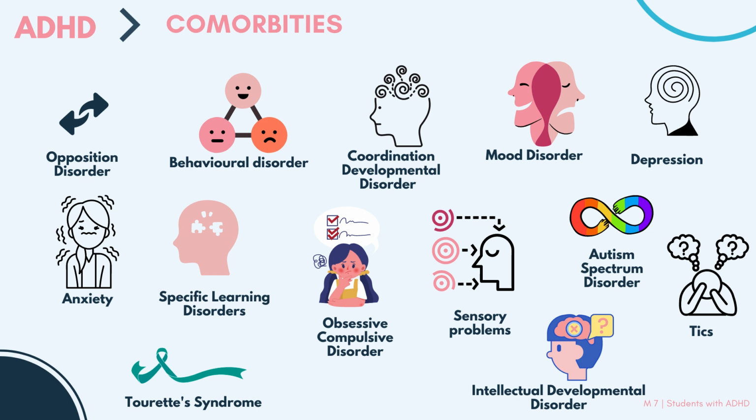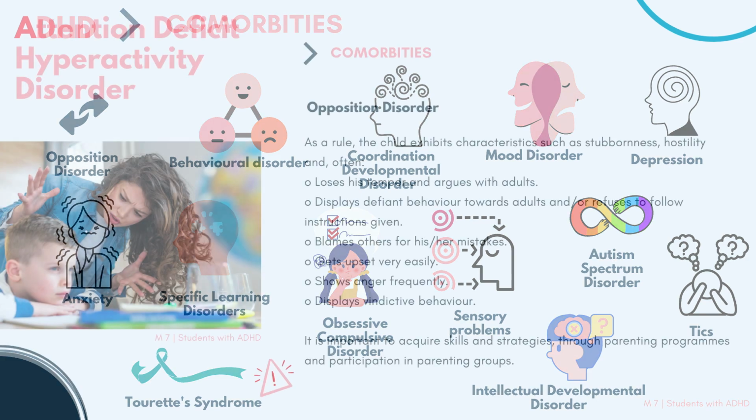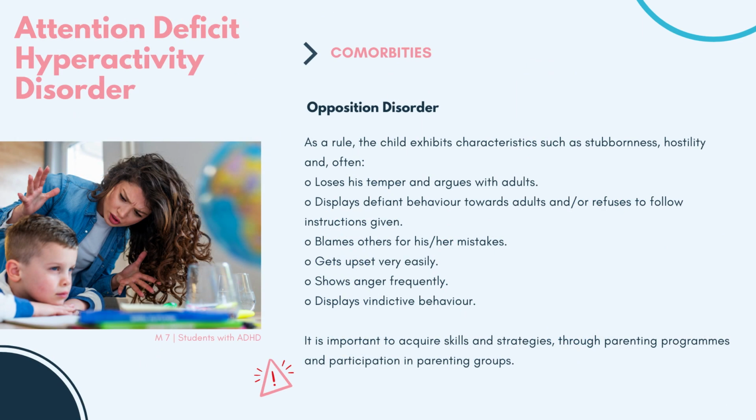Children with oppositional disorder exhibit characteristics such as stubbornness, hostility, and often lose their temper and argue with adults, display defiant behavior towards adults and/or refuse to comply with instructions given.